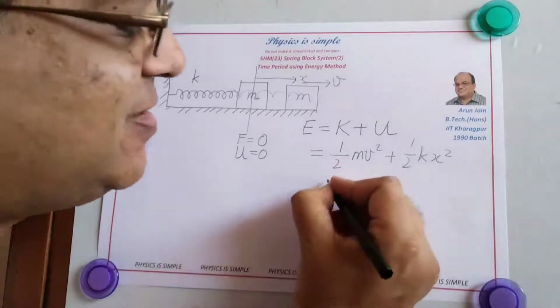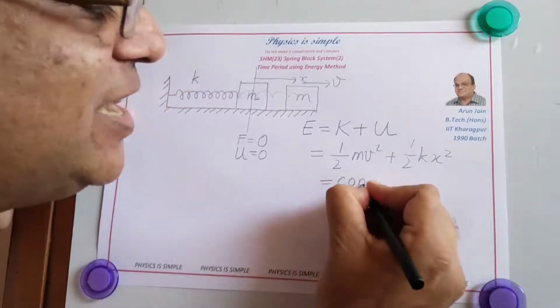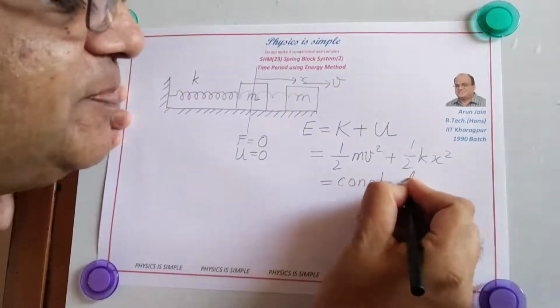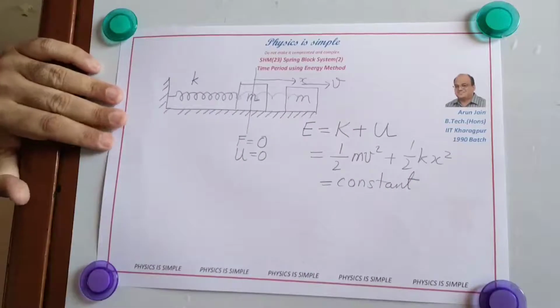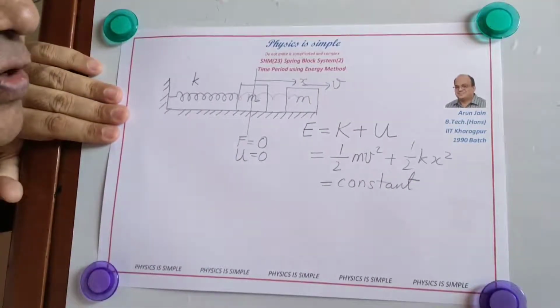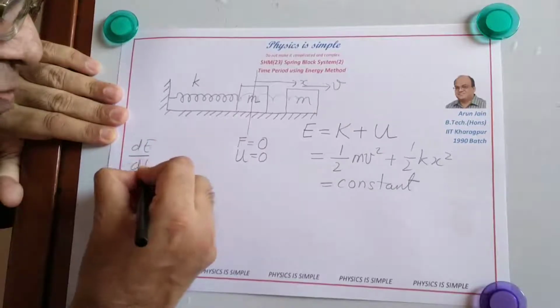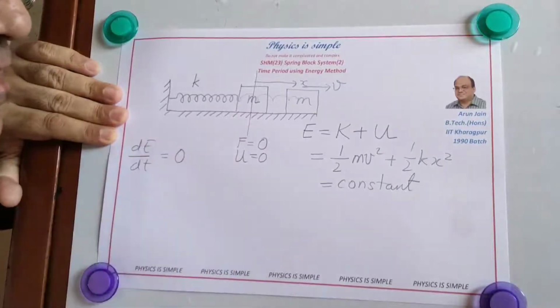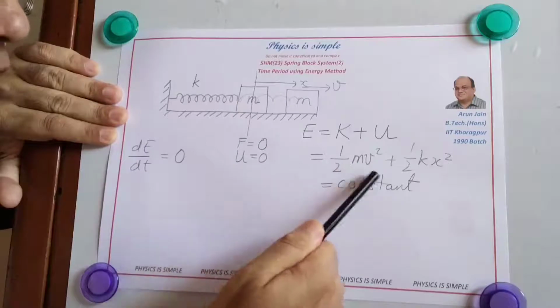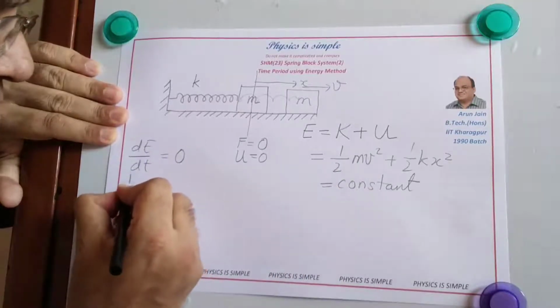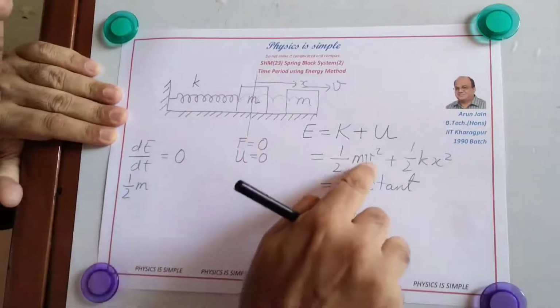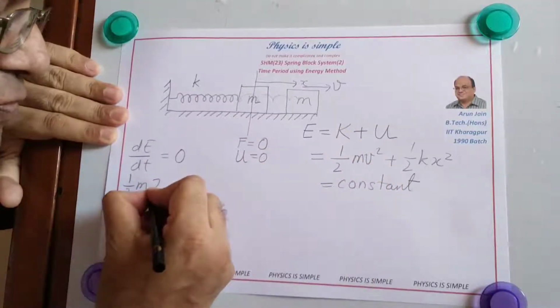Total energy in SHM is constant. Therefore, this will be constant. If you differentiate this equation with respect to time, we will get 0. So d by dt will be 0. Now if you differentiate this, half m is a constant. If you differentiate v square with respect to v, we get 2v.